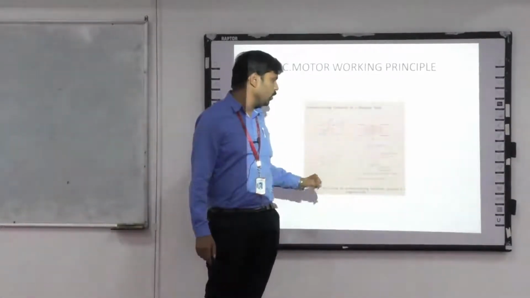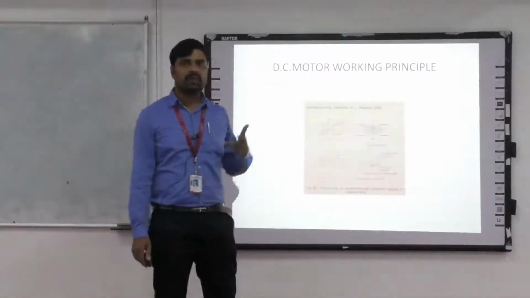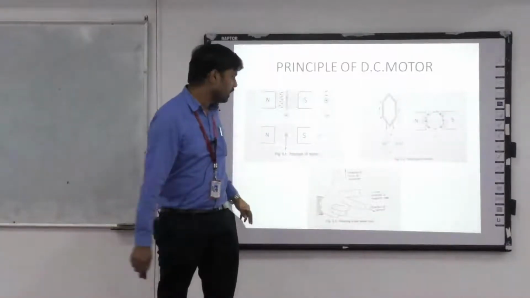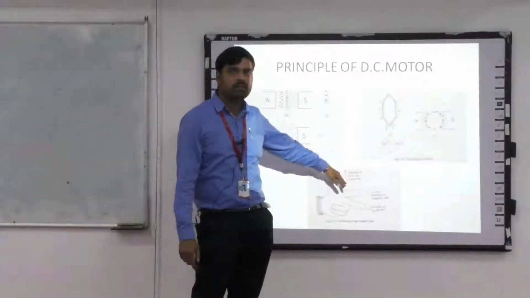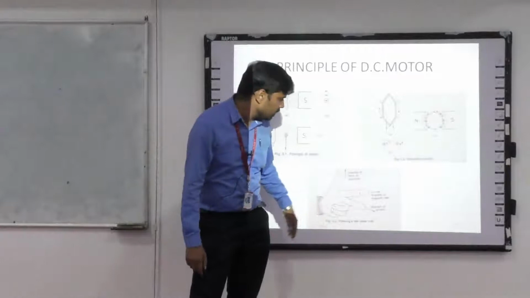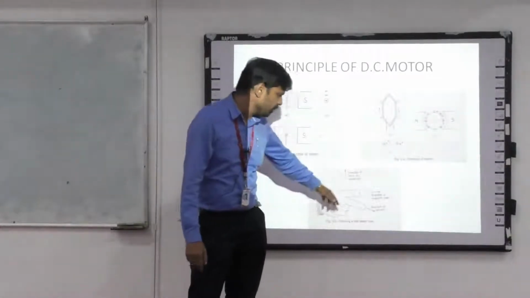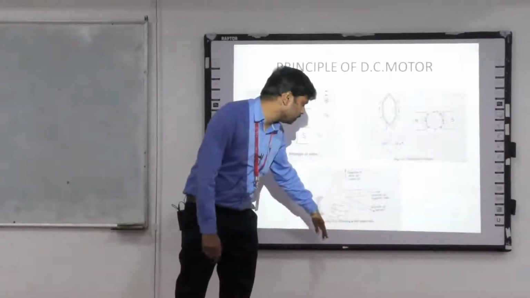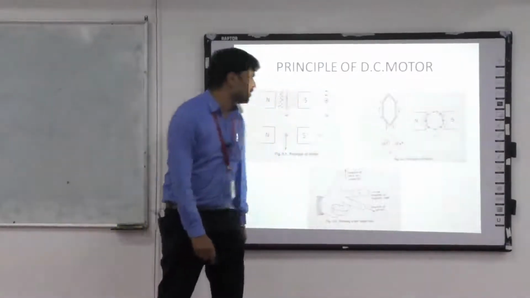To find the direction, we use Fleming's left hand rule. All three fingers are kept perpendicular to one another. The thumb represents the direction of force on the conductor, the middle finger represents the direction of the magnetic field, and the third finger represents the direction of current.